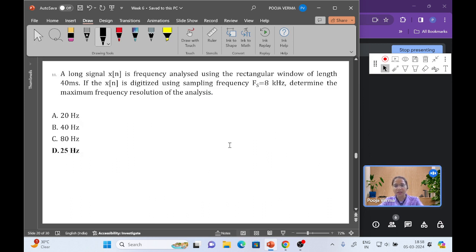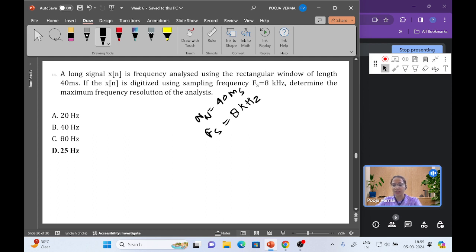A long signal x of n is frequency analyzed using a rectangular window of length 40 milliseconds, where the length of the rectangular window, NW, is given as 40 milliseconds. If x of n is digitized using sampling frequency Fs equal to 8 kHz, determine the maximum frequency resolution of the analysis.